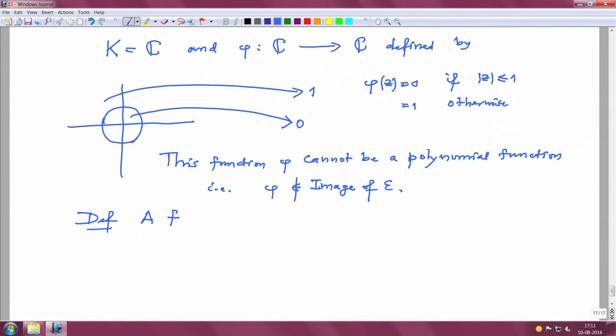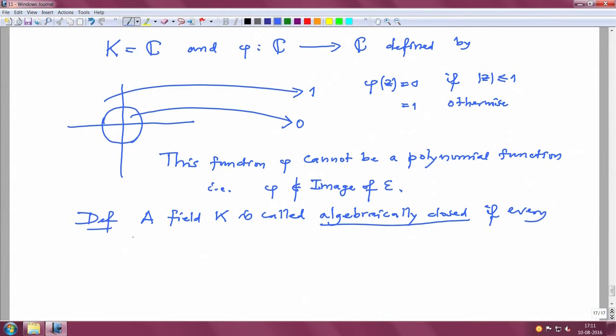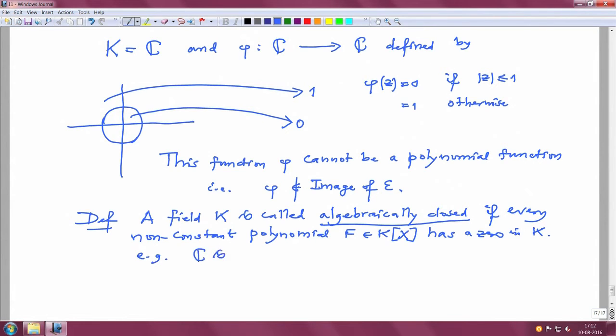A field K is called algebraically closed if every non-constant polynomial f in K[x] has a 0 in K. Once it has one 0, then you can repeat the argument and all the zeros of every polynomial will be in K. This is, for example, the theorem of Gauss D'Alembert, which says C is algebraically closed.